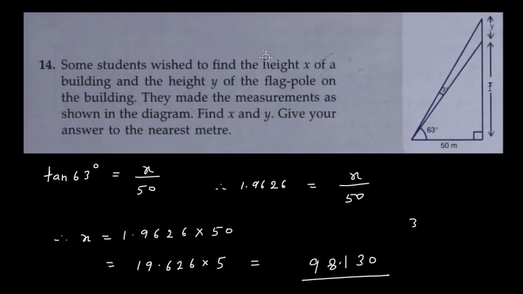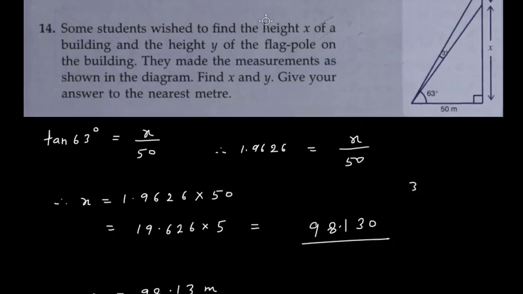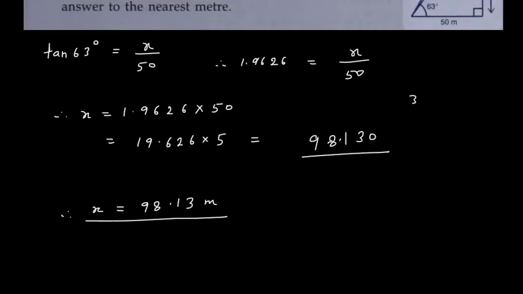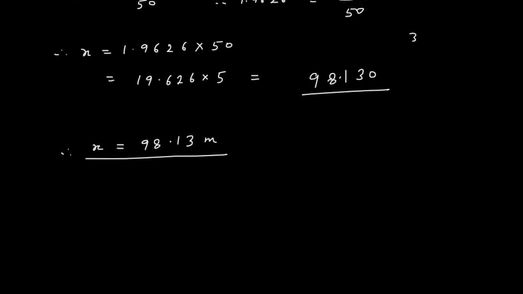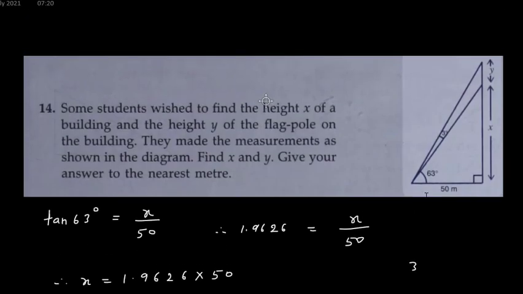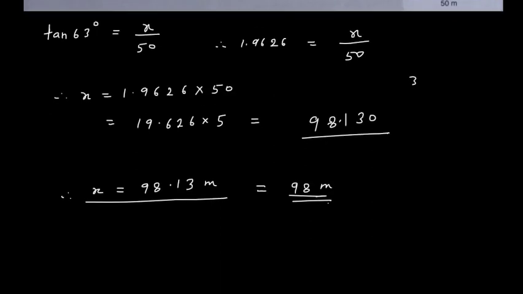I got this x. Now I have to find y. Here we have to say in nearest meter, so this is approximately 98 meter. Now for this y, I will calculate tan of this 66 degree. That will give me this x plus y height, and then I will subtract that x height.